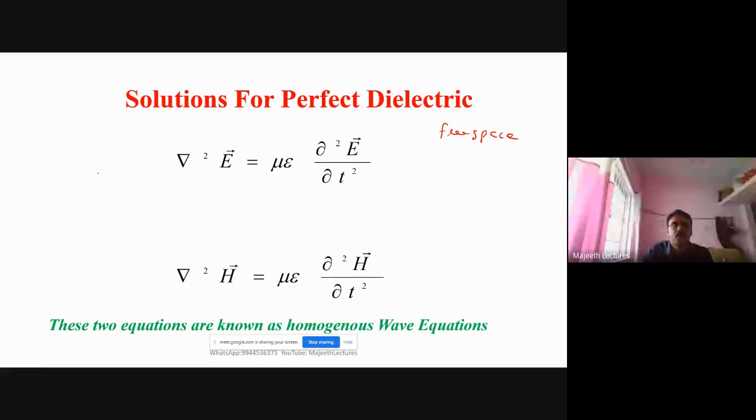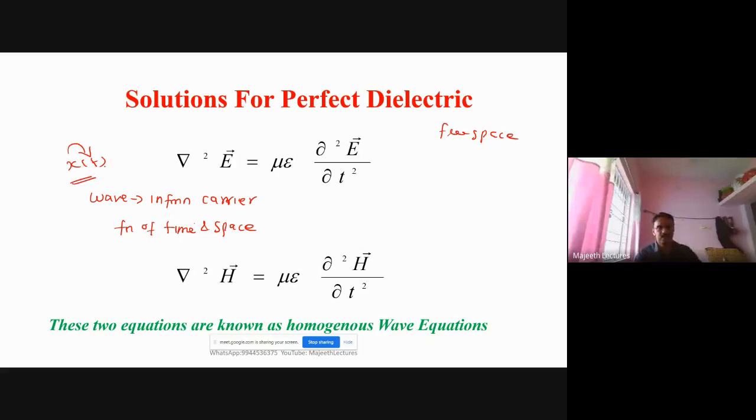Here you see, first you must understand what a wave is. Wave is the information carrier, and it is a function of time and space. Hope you have studied in signals and systems. We have studied x of t. That is a signal. X is a function of time.